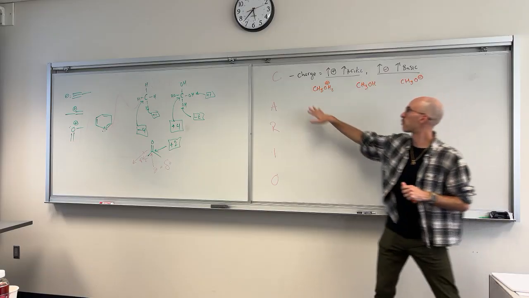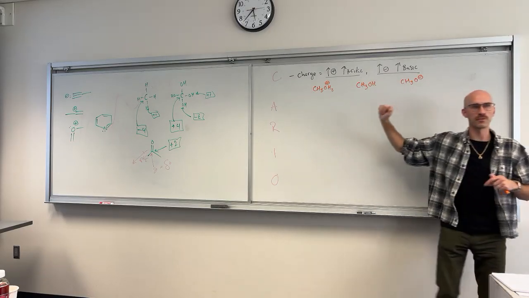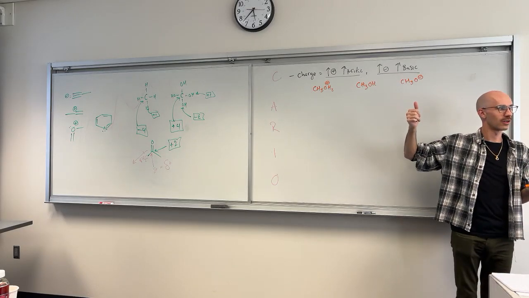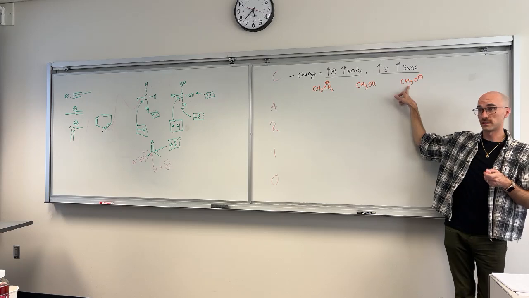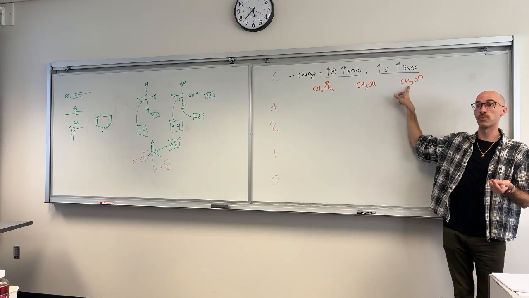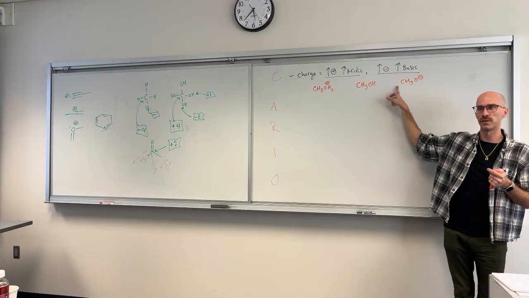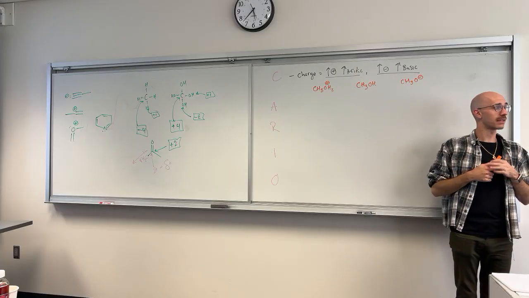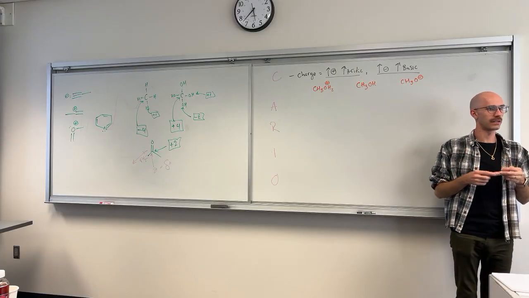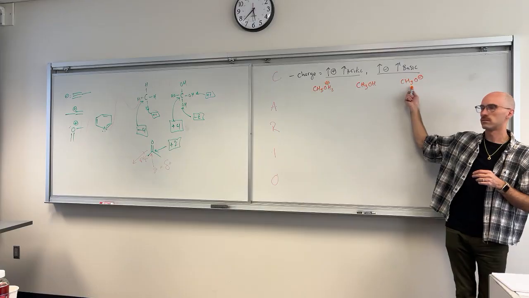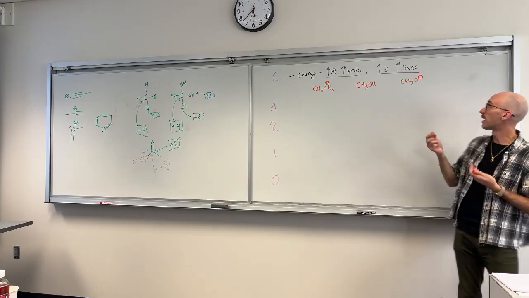Yes, this protonated form. Which of them is least acidic? This is the least acidic because the only hydrogen available is bonded to a carbon, which we haven't actually even gotten to. Which of these is the most basic, most willing to accept a hydrogen? This one. Good.